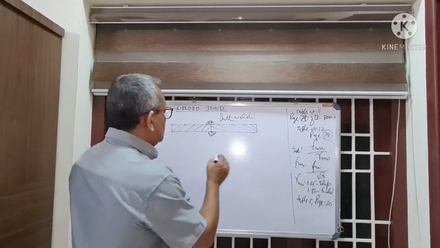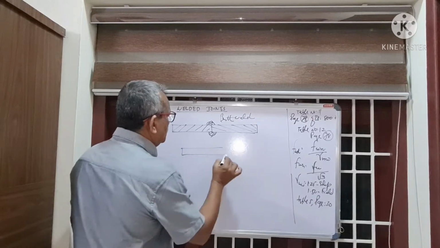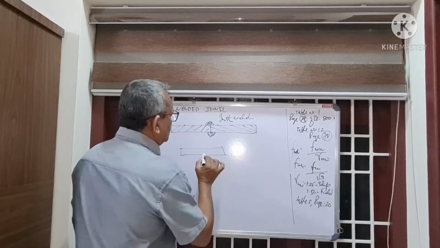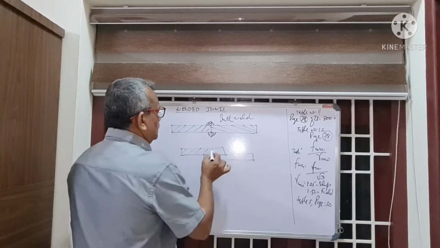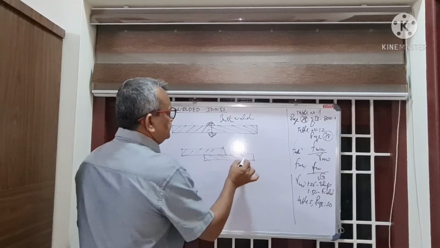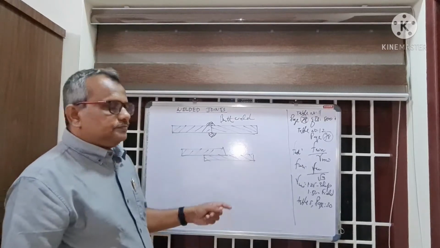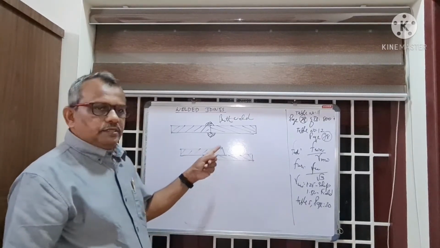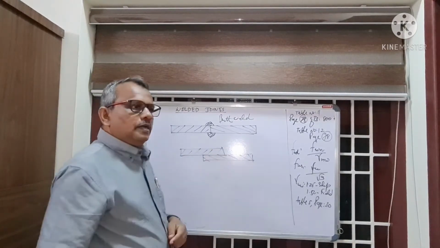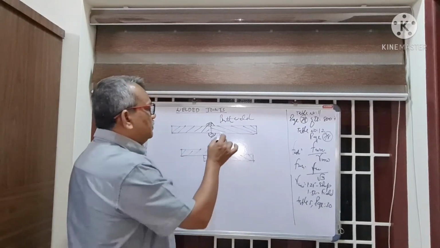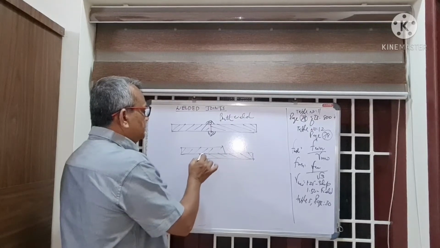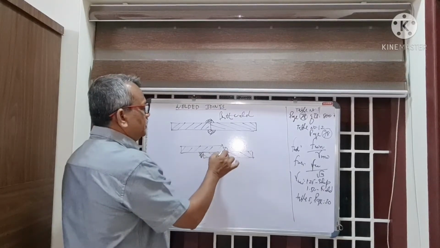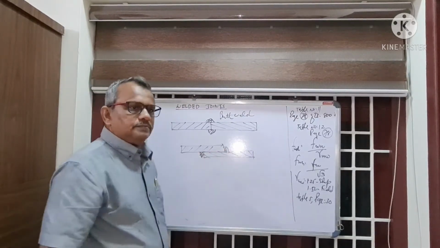Or otherwise we can join as a lap joint. Consider a lap joint like this: two plates are placed one above the other with a lapping distance, and these two plates can be joined by welding at these two ends, like this, right?